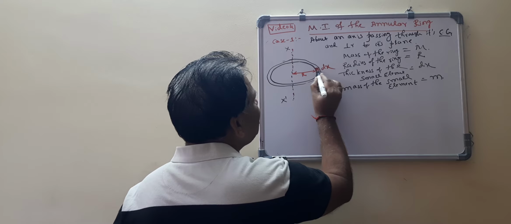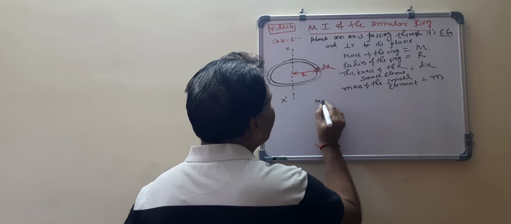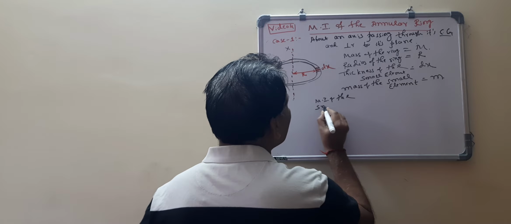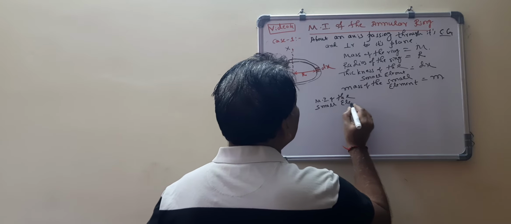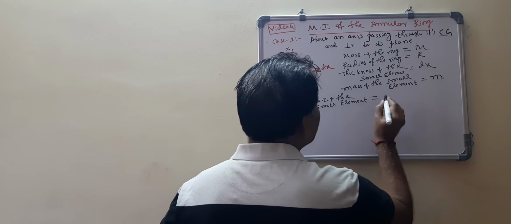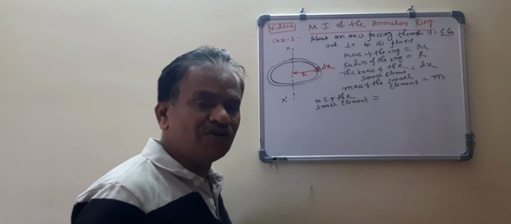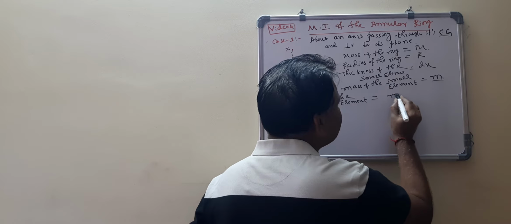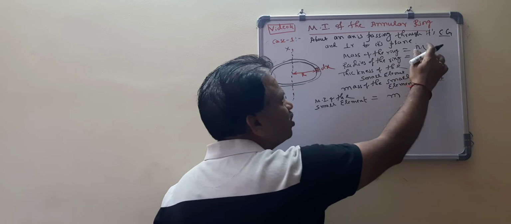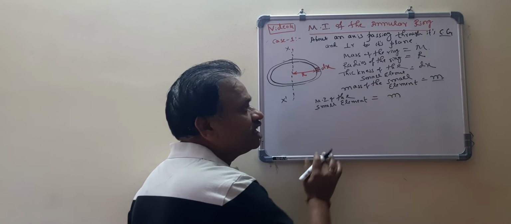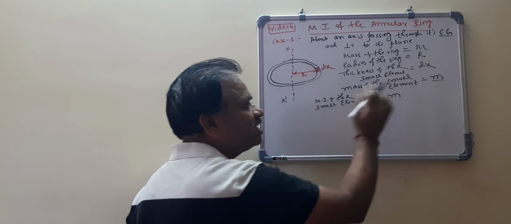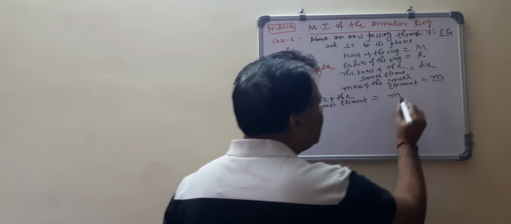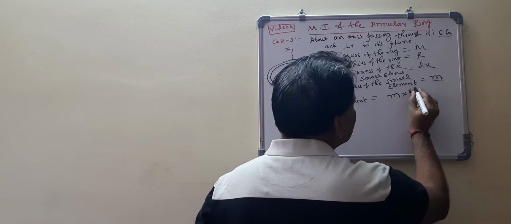What is the moment of inertia of the small element? What is the formula? Mass of this, which is m, into R square. Look at the difference between small m and capital M: capital M is for the entire ring, small m is considered for the smaller element.